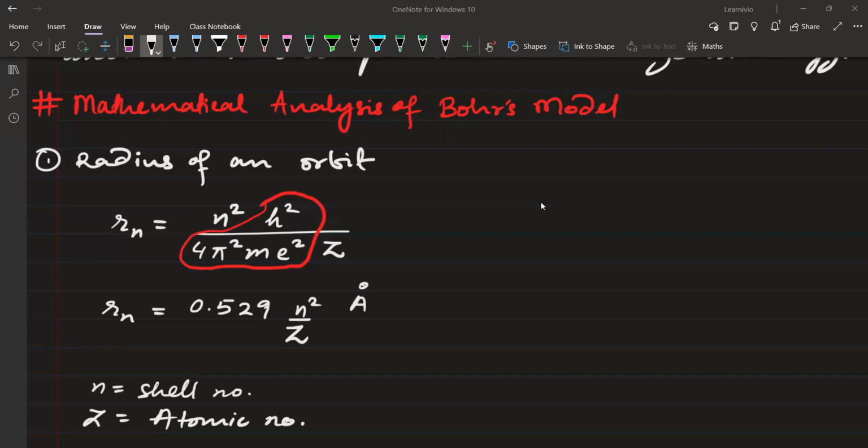ठीक है, हम बताएंगे, you will understand it. Do you understand that formula Zainab, by the way, जो आपने लिखा है? Yes, sir.